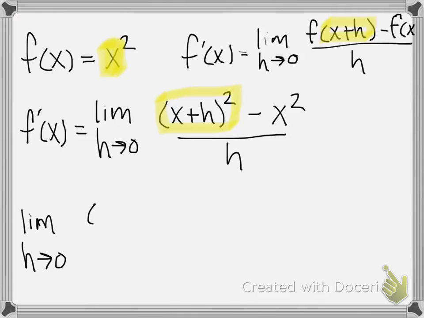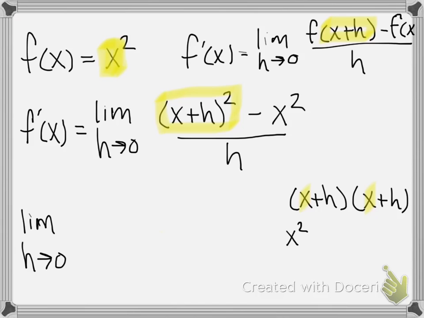It's going to be x plus h times x plus h. So for that we do our first. I'll do this over here to the side. X plus h, x plus h. Whenever we multiply our x's, which is our first for the FOIL, it's going to give us x squared.